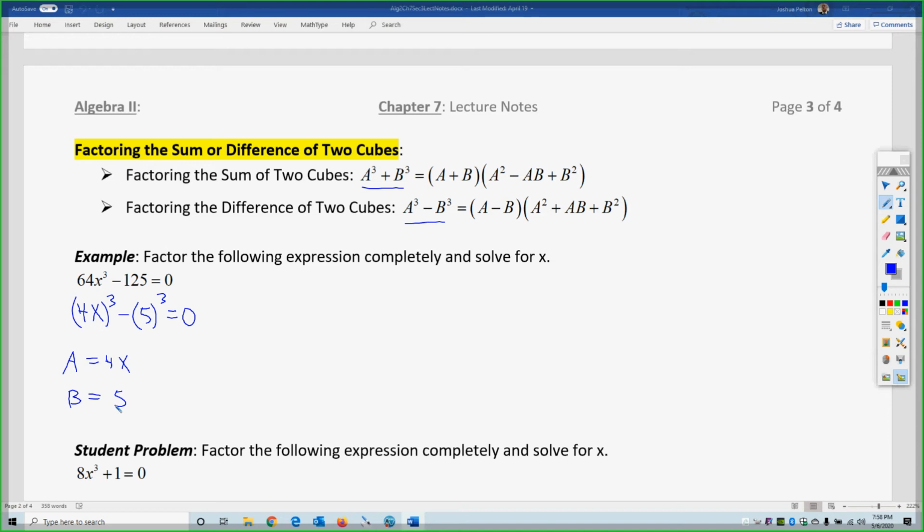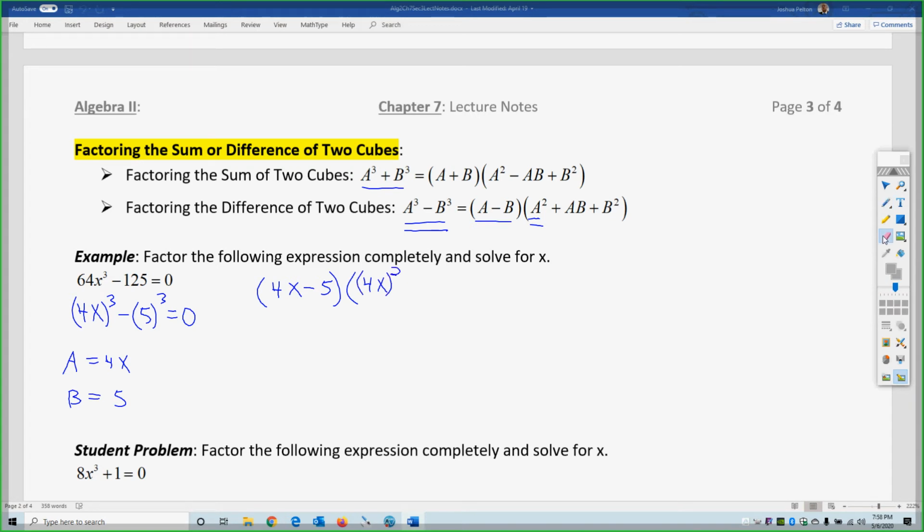So I need to use the difference rule, okay? What I have here is A minus B in the first part, which would be 4x minus 5. Then it says A squared, so that's going to be 4x squared, which is incorrect because you have to square both.